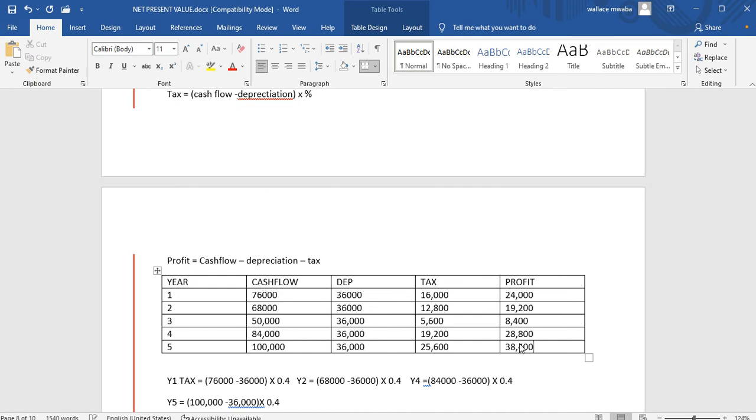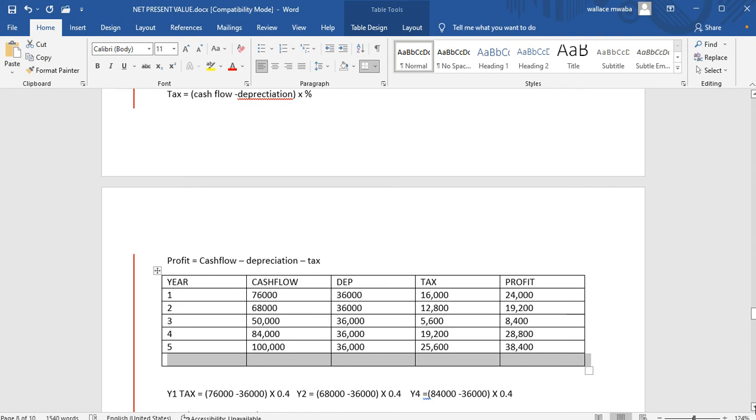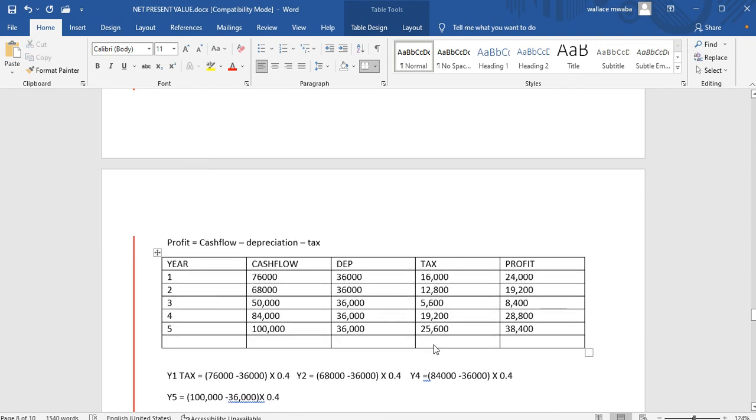So we're now looking for the average profit. To get average profit, first we find our total profit. The total profit is 24,000 plus 19,200 plus 8,400 plus 28,800 plus 38,400.